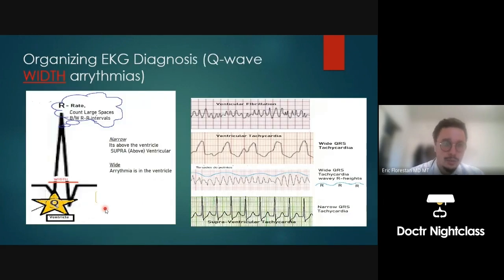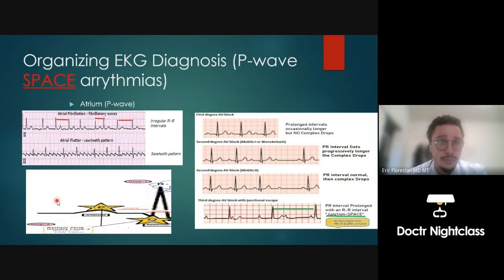And then you have arrhythmias that affect the ventricle, which is going to be your QRS complex and your AV node. So there's two flavors: the arrhythmias that affect the P, and the arrhythmias that affect the QRS. Let's talk about the first flavor.